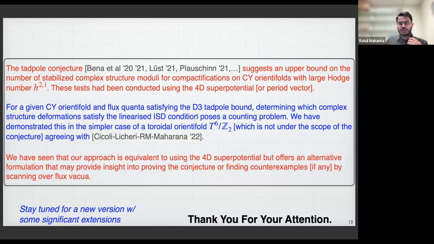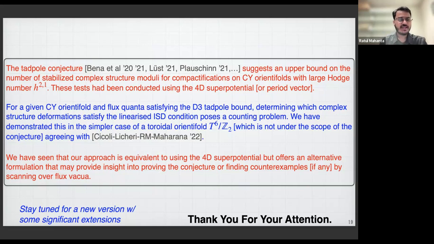Of course, these toroidal compactifications are not under the scope of this conjecture, but the counting problem has been demonstrated, agreeing with previous results. So we have seen that our approach is equivalent to using the 4D superpotential, but offers an alternative formulation that may provide insight into proving the conjecture or finding counterexamples, if any, by scanning over flux vacua.